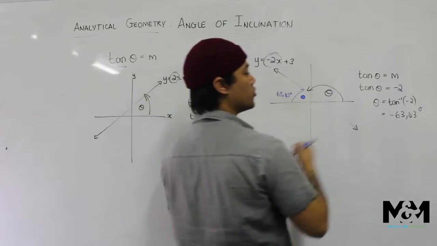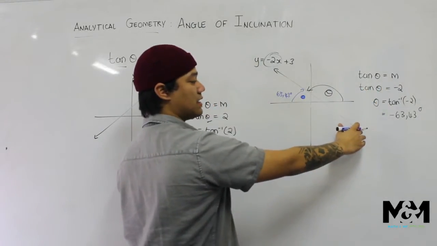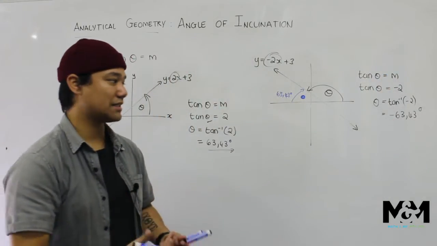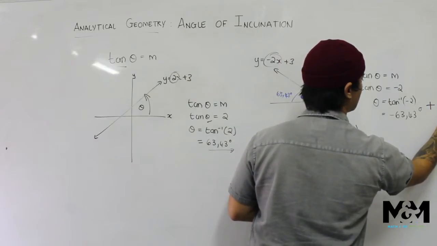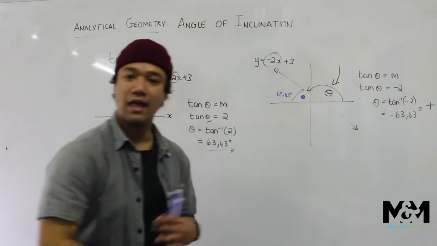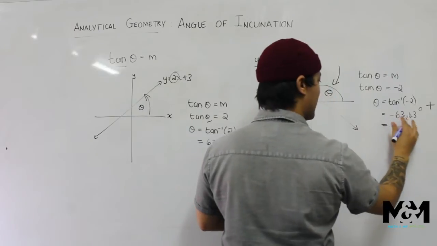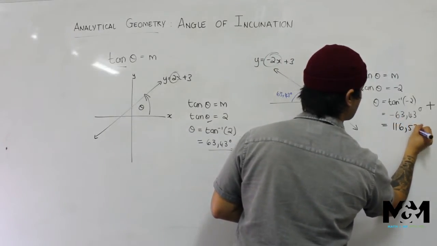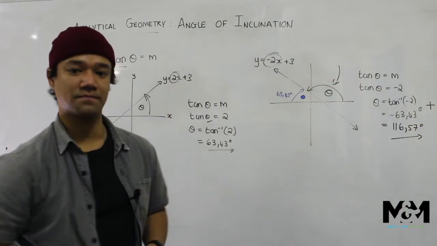So whenever you are finding the angle of inclination of a negative gradient line, and you end up with a negative angle, all you do is add 180 degrees to that, angles on a straight line. So I'll say this plus 180, which gives me 116,57 degrees, and that will be my angle of inclination.